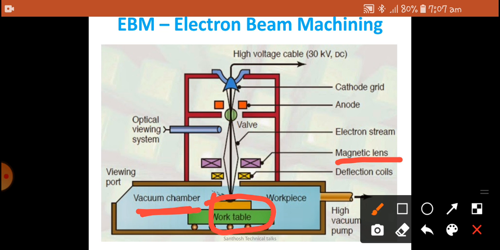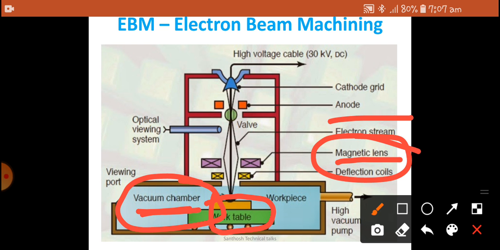At high velocity, the electrons bombard the workpiece. Therefore, it produces heat. That heat can generate any profile. So here the very important things are vacuum, magnetic lens, and a high velocity electron stream.